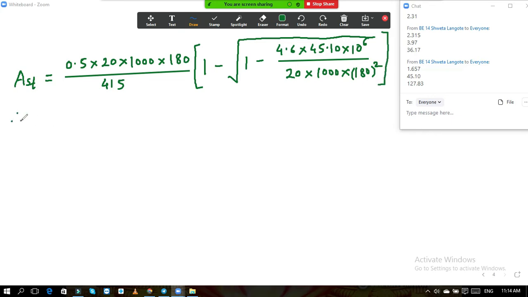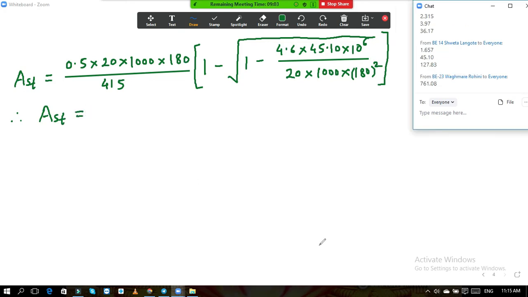So therefore area of steel Ast is equal to 761.08. Others please do check the value. 761.08 mm square.